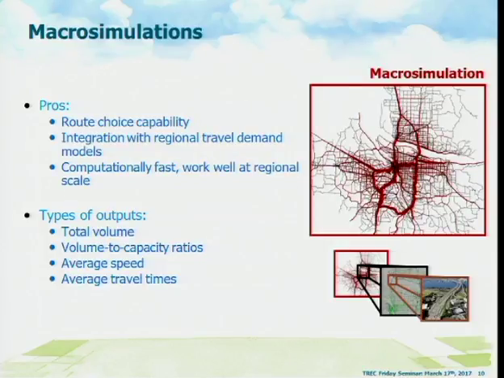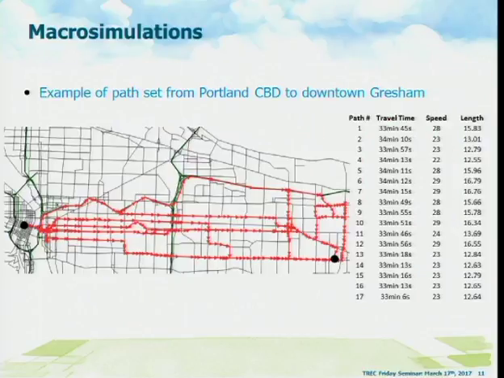The theory goes way back, and so they've been tweaked and retweaked, and so computationally they run very fast, and they work very well at a regional scale. Typical types of outputs, I think I discussed some of these before. We look at differences in link volumes. We look at volume to capacity ratios to see if anything is approaching 1. Unfortunately, with these models, they often exceed 1. I'll talk about that in a little bit. And then we look at speeds and travel times.